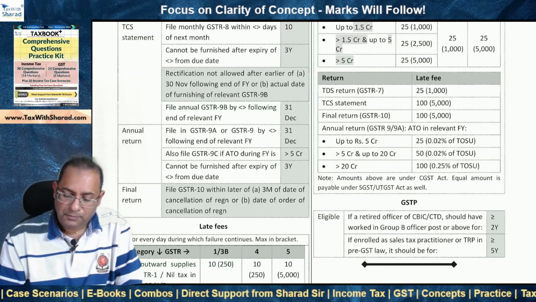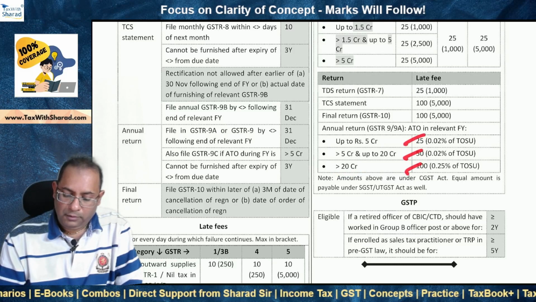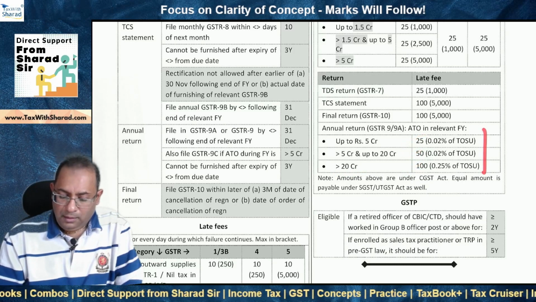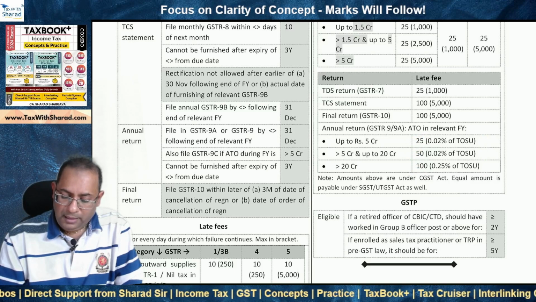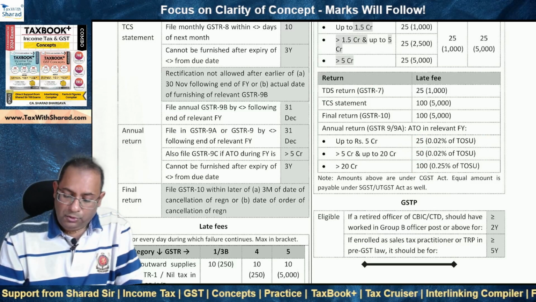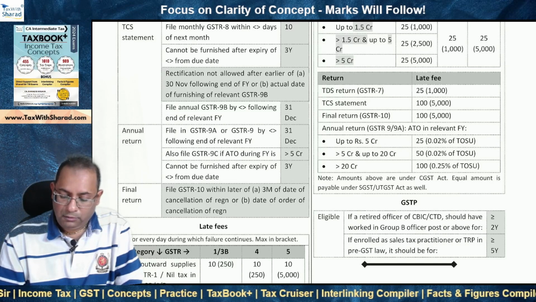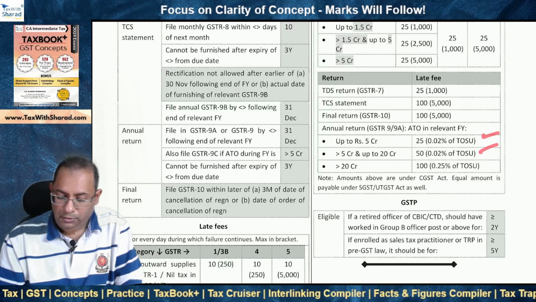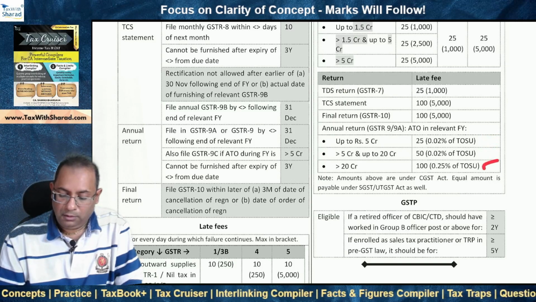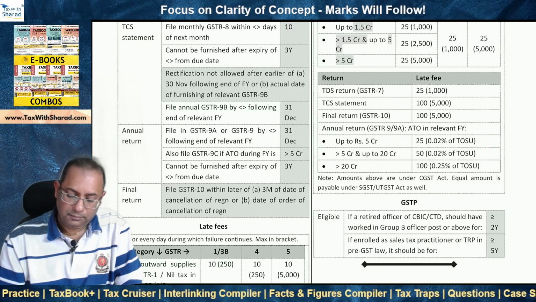In these three situations, the daily fee is 25 or 50 or 100, but the maximum is 0.02% of turnover in state or union territory, or 0.02% of turnover in state or union territory, or 0.25% of turnover in state or union territory.